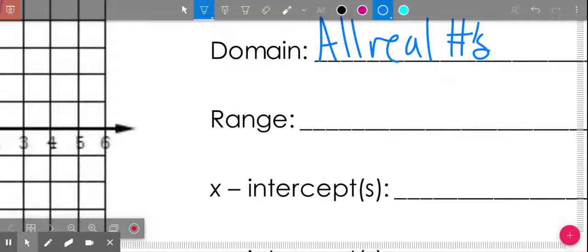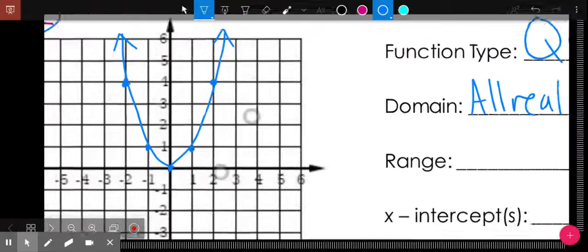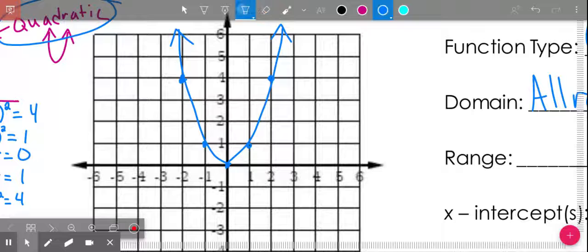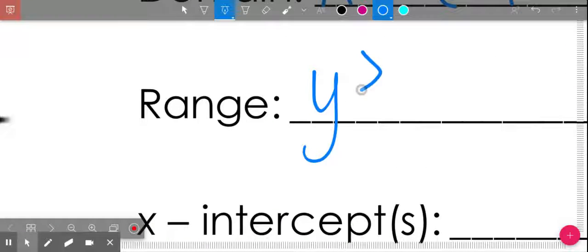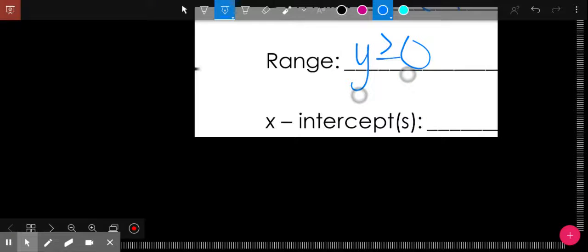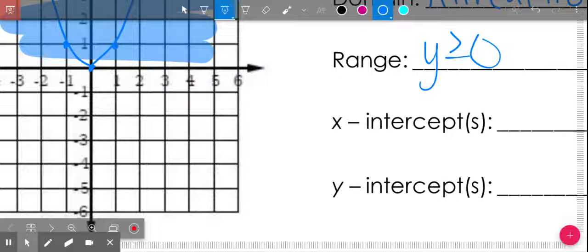My range, notice that all of my y values are positive. Everything is in the positive area. It hits 0, but then it's all positive, so it's going to be y is greater than or equal to 0. And our x and y intercepts, they both go through the x and y axis right there at 0, 0.